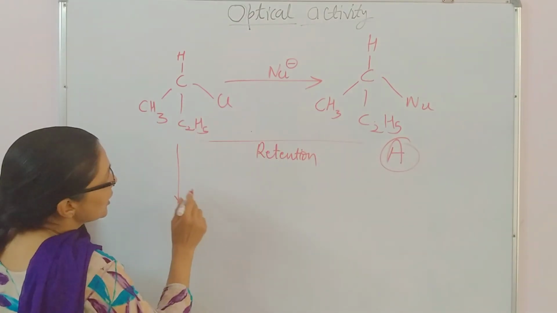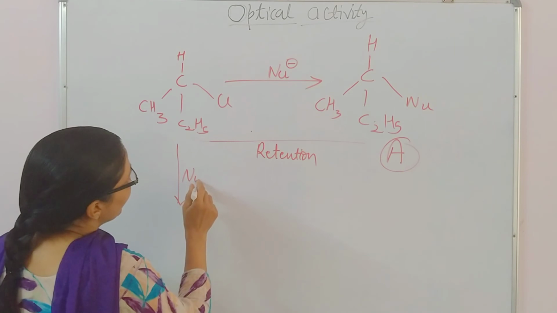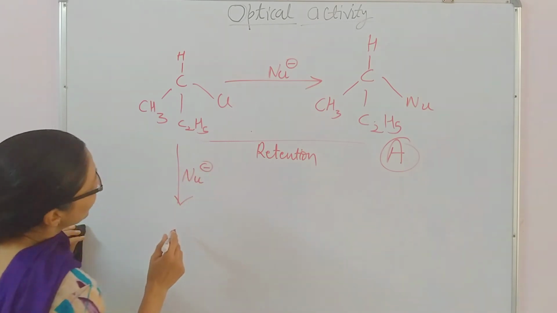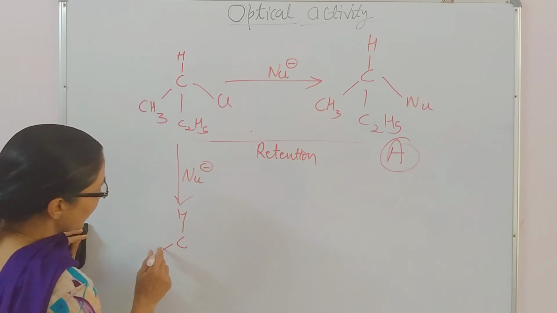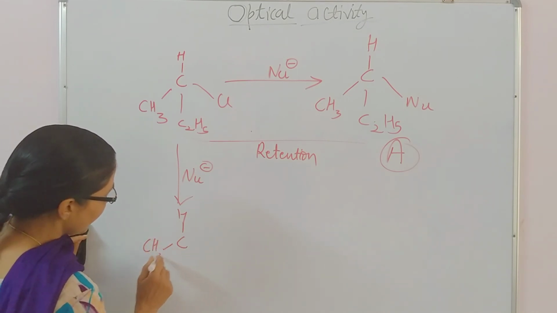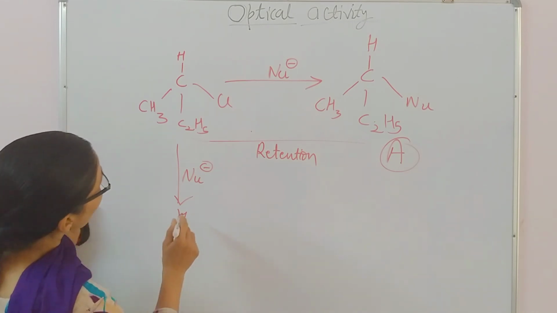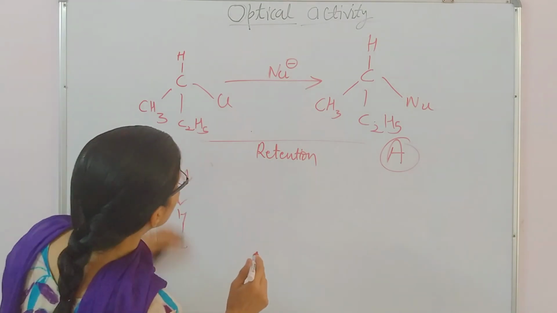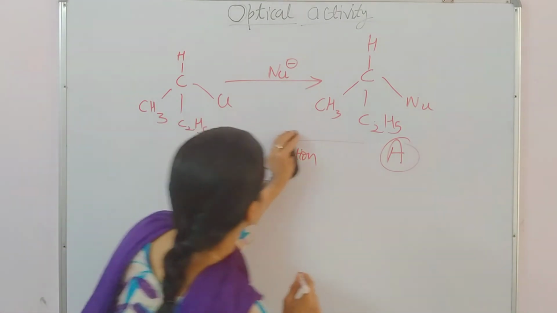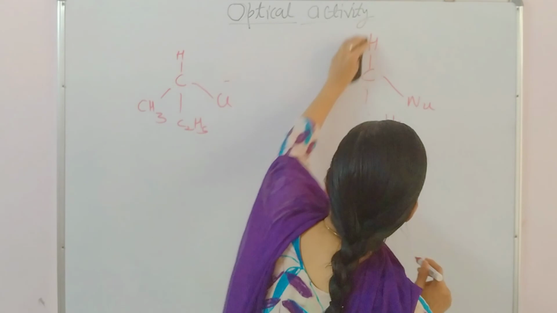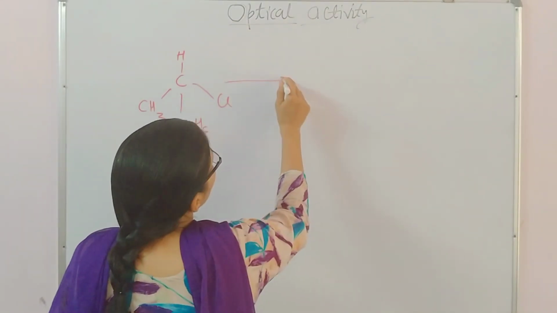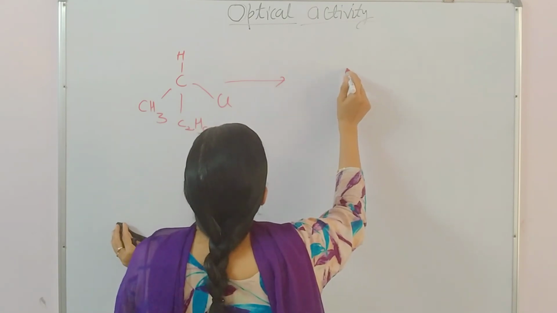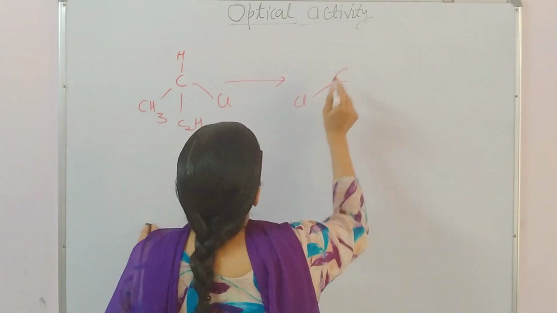Now, there is another process of nucleophile attack. Actually, it will happen that carbon, hydrogen, CH3, after retention, I am drawing inversion. C, Cl.